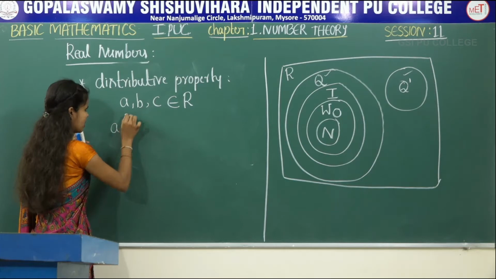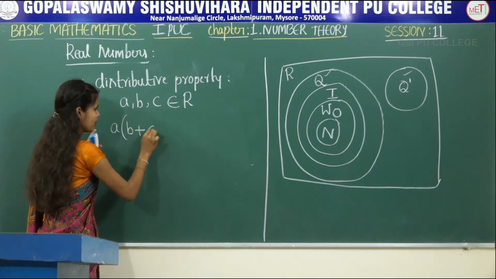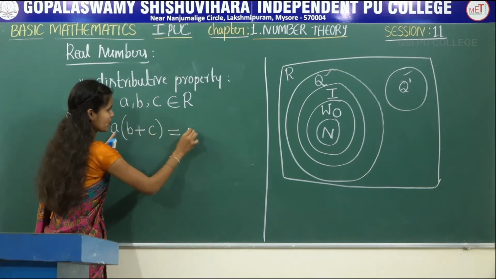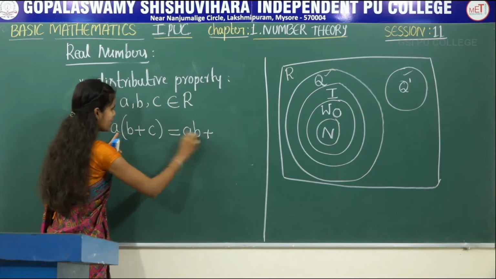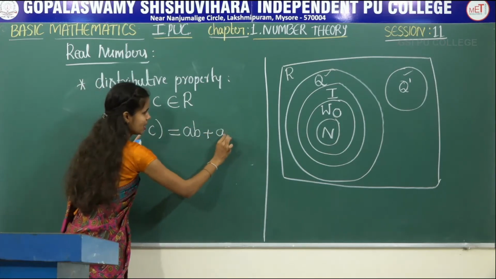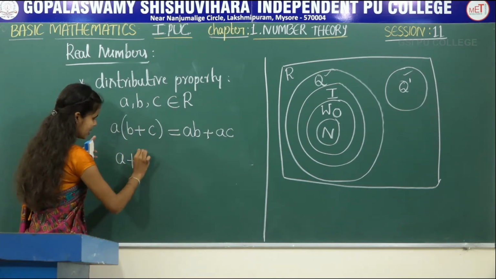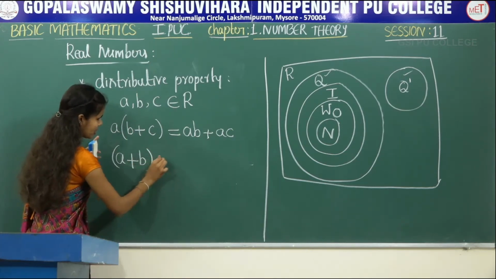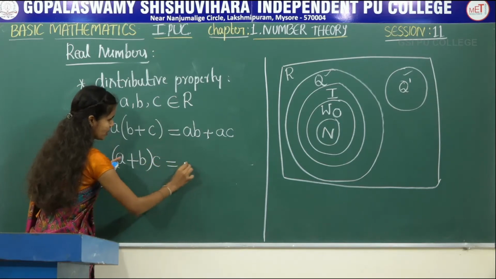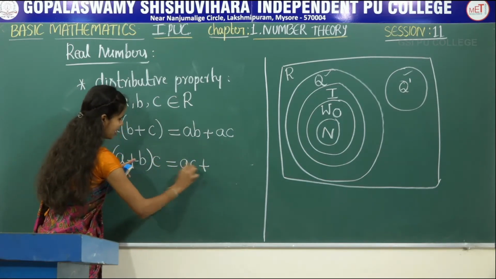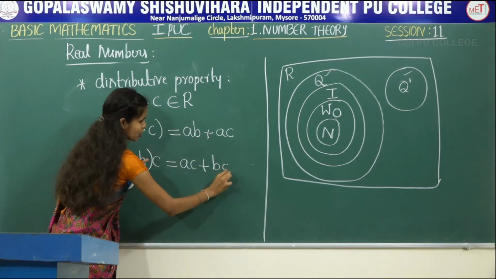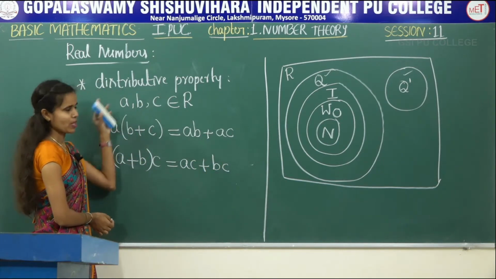Then a into (b plus c) is equal to a into b plus a into c. This is called the left distributive property. Similarly, the right distributive property means (a plus b) into c is equal to a into c plus b into c. These two are called distributive properties.